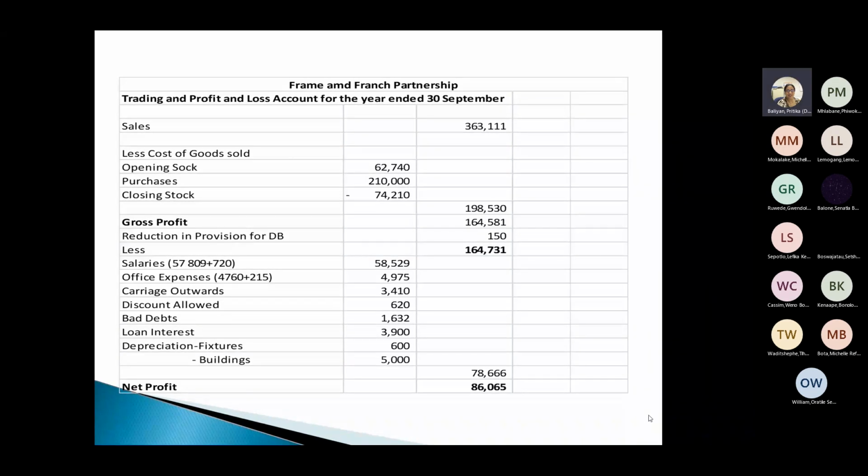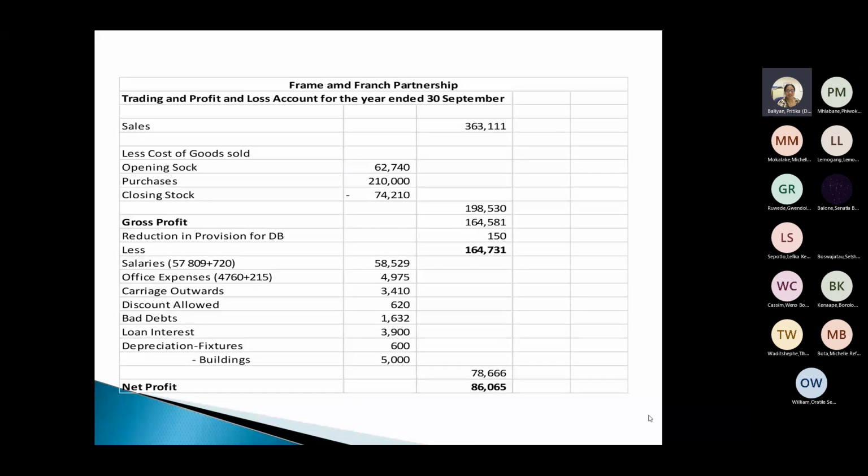So the 150 reduced in bad debts is recovered, and the recovered amount is income. So we add that income of 150 to the gross profit to get the total income.